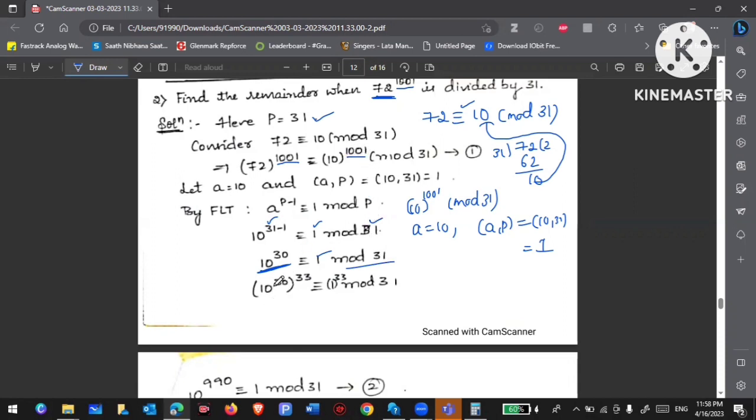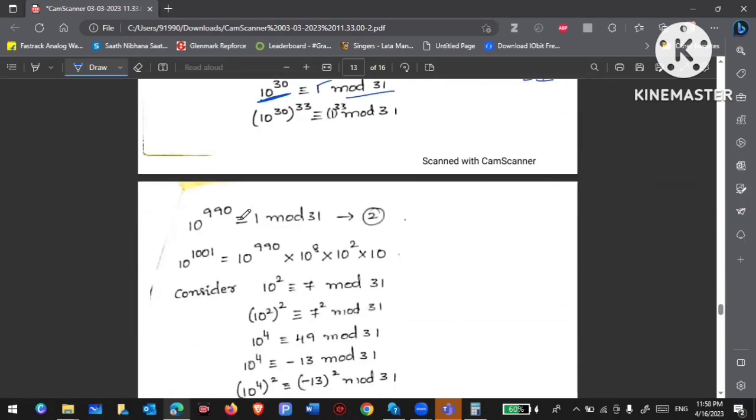So 10 power 30 we already have, whole to the power 33 on both sides. 10 to the power 30 whole to the power 33 congruent to 1 power 33 mod 31. So in the next step we'll get 10 to the power 990 congruent to 1 mod 31.